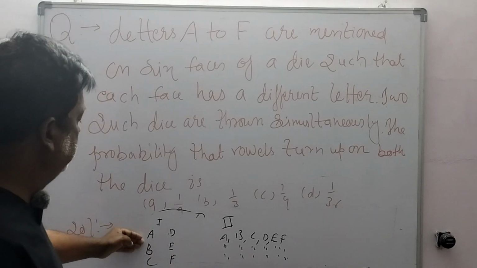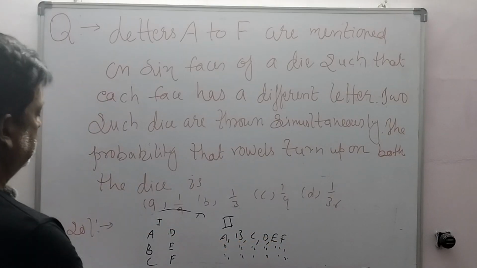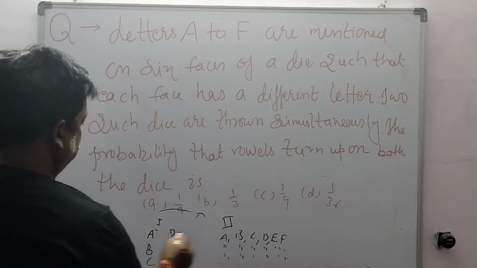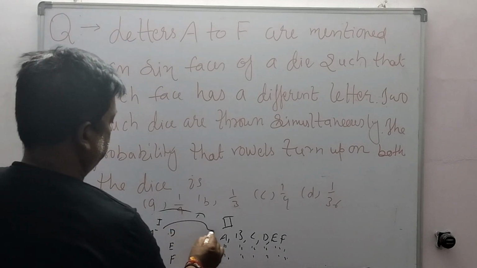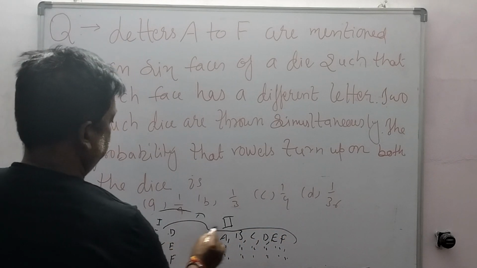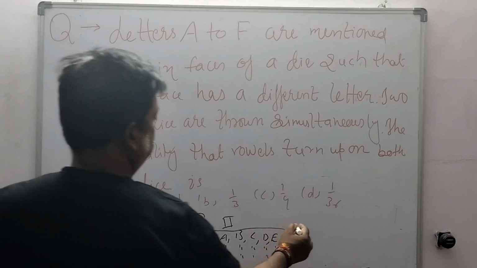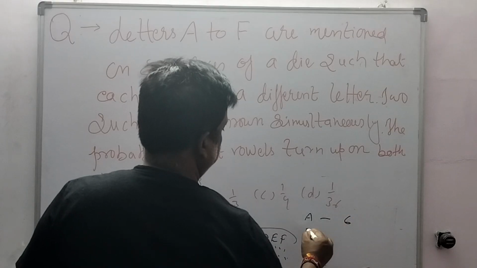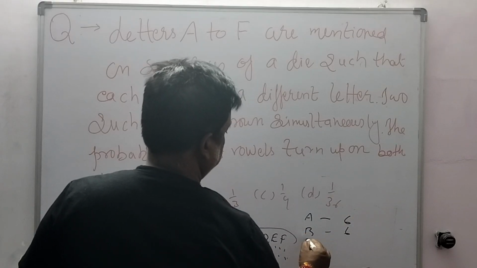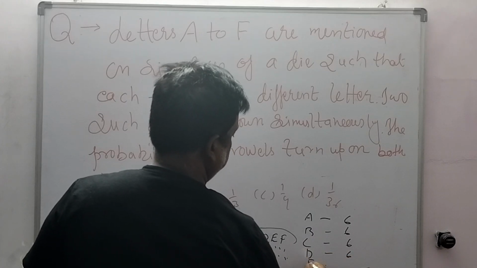Suppose the first dice shows A, B, C, D, the second also shows A, B, C, D, all pairings. If the first dice shows A, there are 6 possibilities; for B, 6 possibilities; for C, 6; for D, 6; for E, 6; and for F, 6.